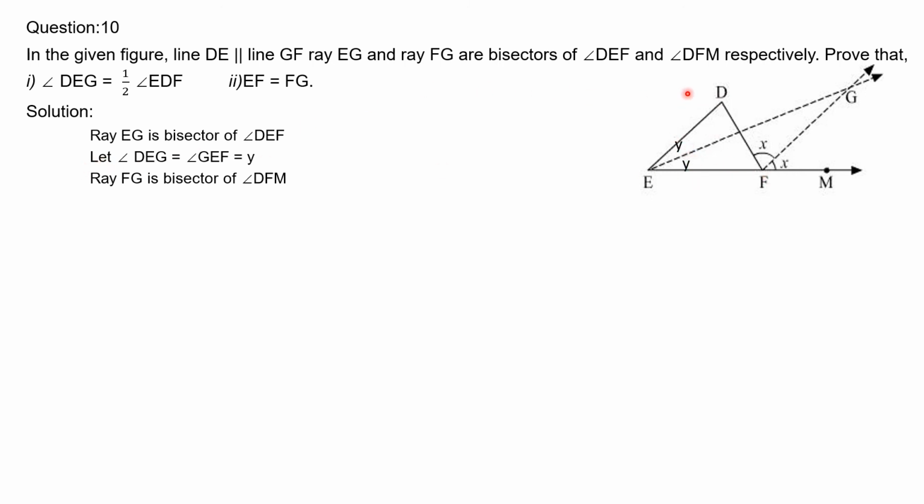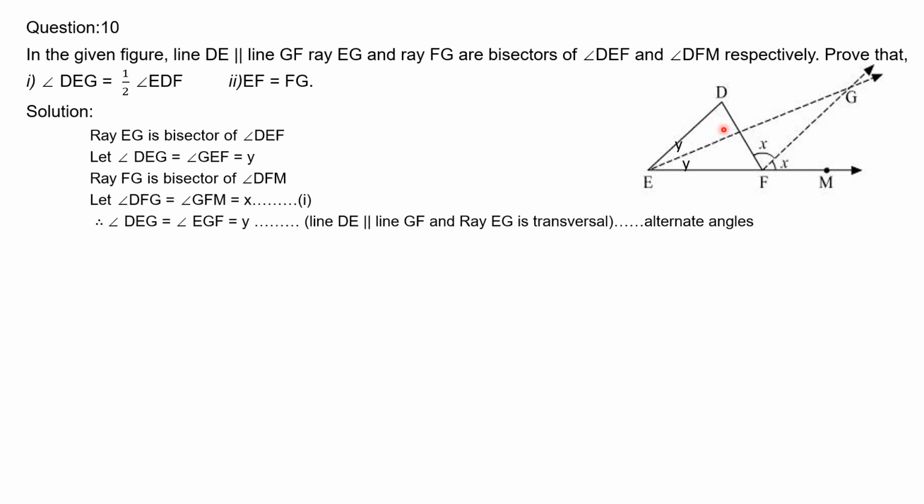So let angle DEG be the first part of DEF and angle GEF be the second part of angle DEF. So let angle DEG is equal to angle GEF is equal to y. Then ray FG is the bisector of angle DFM. Here also the same. Let DFG is equal to GFM is equal to x.